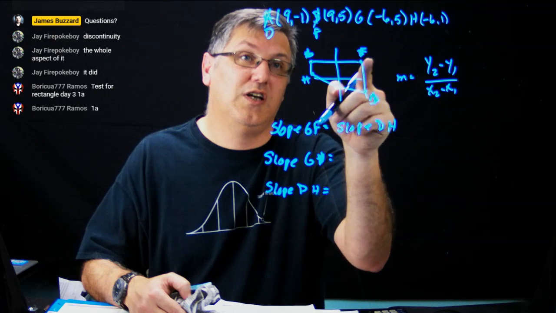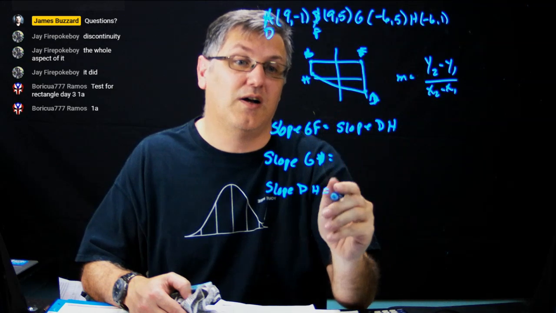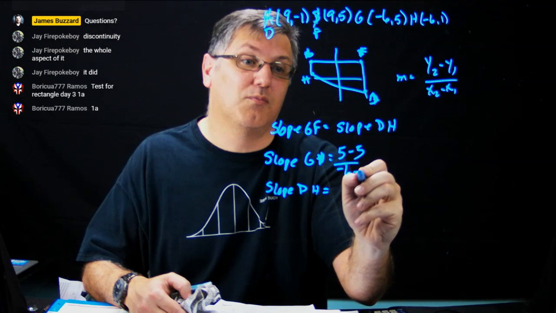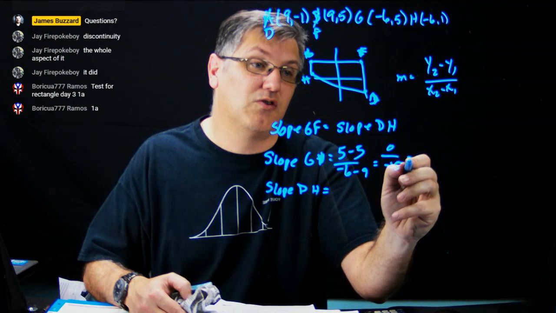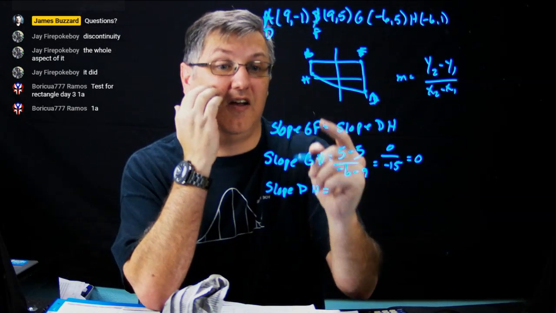So GF, 5 minus 5 over negative 6 minus 9, which gives me 0 over negative 15, which gives me 0. Okay. Now we're doing DH.